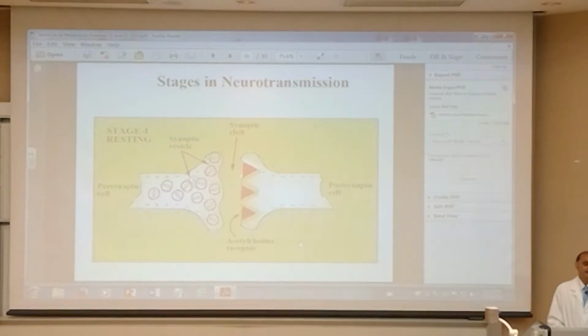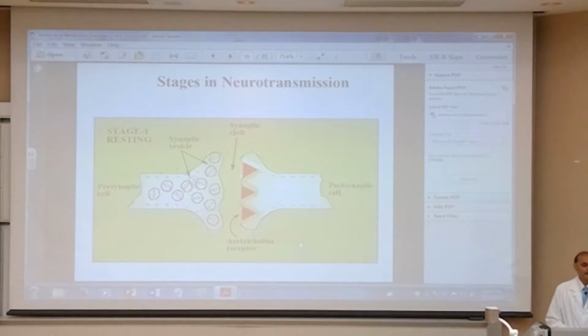Very important. And stages in neurotransmission, we basically introduced the concept of neurotransmission. You have presynaptic neuron and postsynaptic neuron and the resting state. We chose the example of acetylcholine.